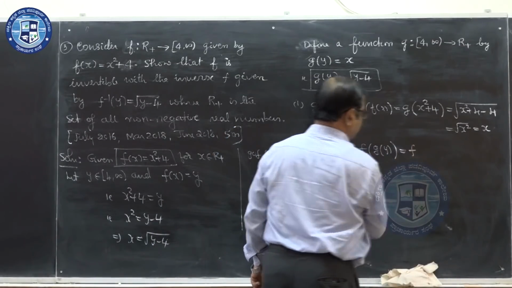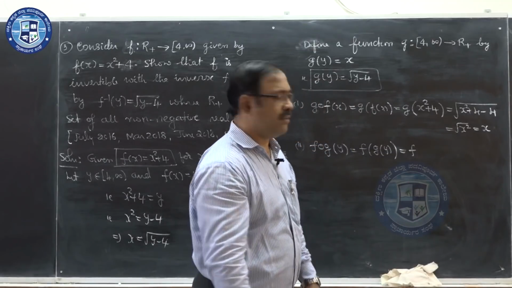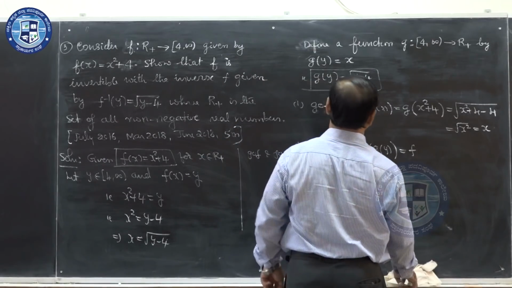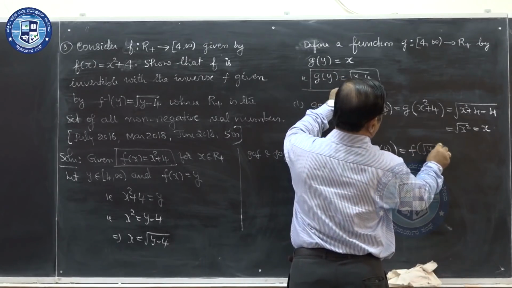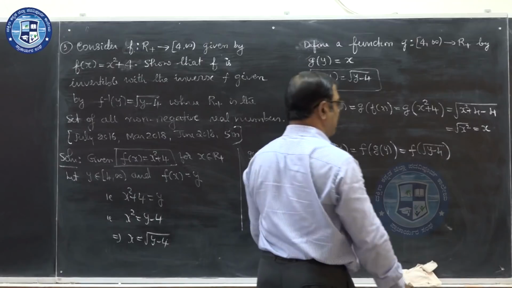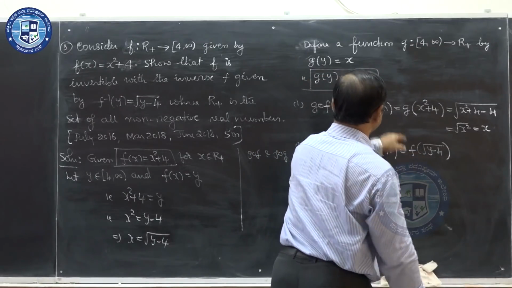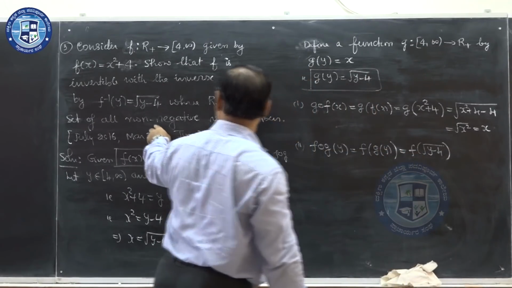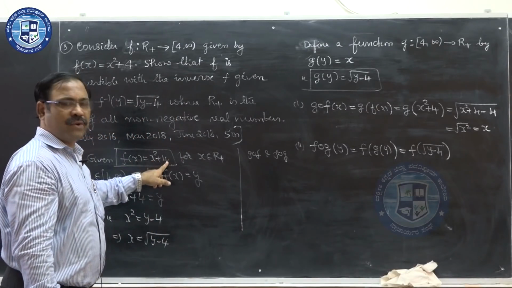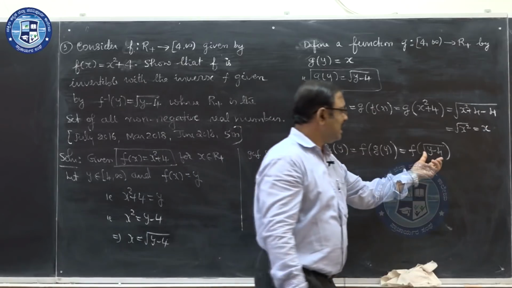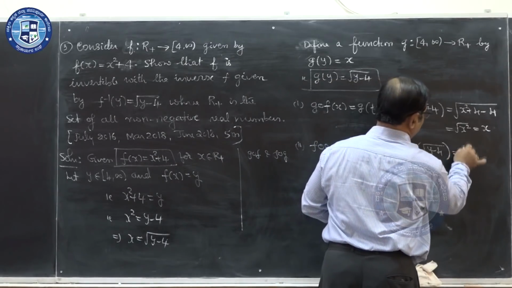Now this is same as f of, what is g of y? See, g of y is given. Root of y minus 4. Tell me, what is f of x? F of x is equal to x square plus 4. Now this is x. What is this? Tell me.